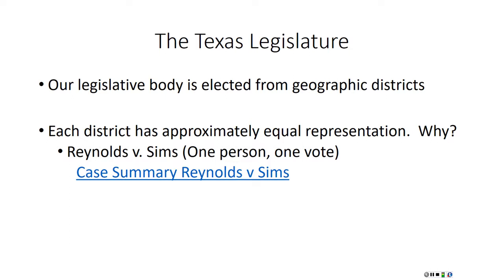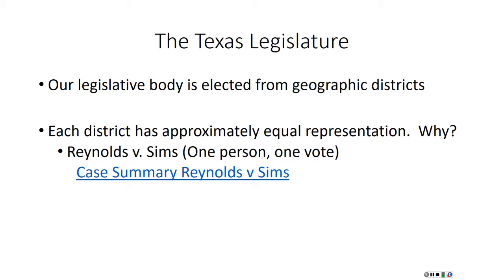Imagine I have 30 people. And I'm going to create 3 districts. It's got to be equal, or approximately equal. So I create 3 districts of 10 people each. So I ask a question, what are we voting on today?